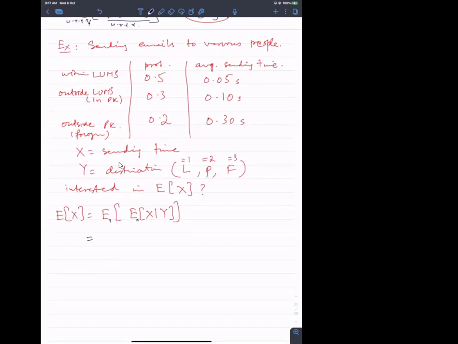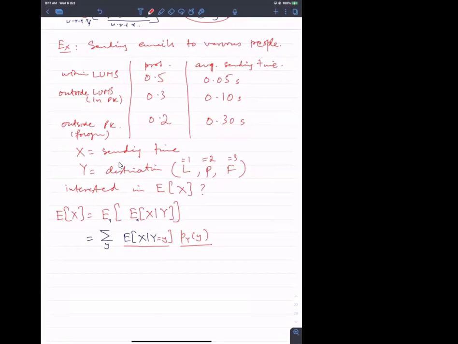This would be equal to the summation over all y of expected value of x given y taking a value small y, into p_Y of y. Exactly the way you normally find expectations: probability multiplied by the corresponding value, and the corresponding value is expected value of x given y equal to 1.